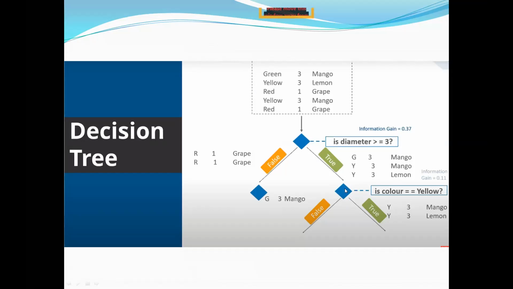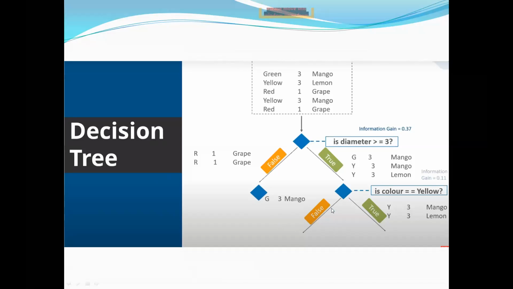Once it is true, we understood that once again it has mixed data. So what you have to do is once again set the conditions. What is our condition? By using the rest of the features, I'm going to fix color is equal to yellow. If it is true, we split here. If it is false, we split here.